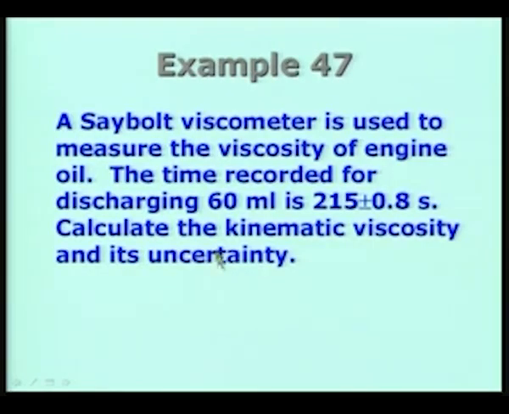So, let us look at a typical example. I have used a Seybold viscometer. This is example 47, it is used to measure the viscosity of engine oil. Engine oil is used in applications like IC engines and so on, in compressors, wherever we want to reduce the effect of friction. Lubrication requires engine oil.